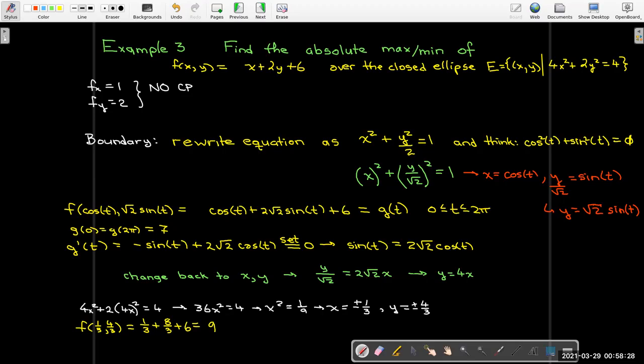At the other extreme value on the boundary, where x equals negative 1/3 and y equals negative 4/3, I get a function value of 3. And so the endpoints don't come into play here. They rarely do, but you still should evaluate it. So our absolute max then is 9, and our absolute min is 3.